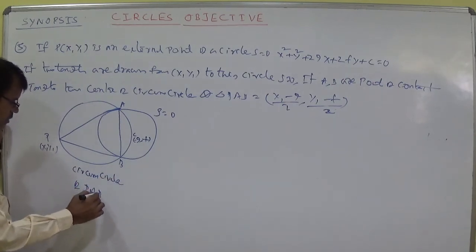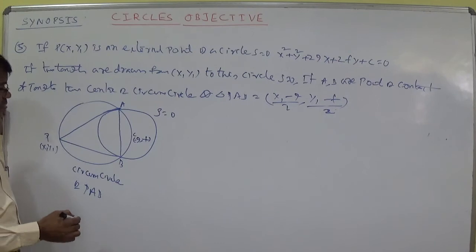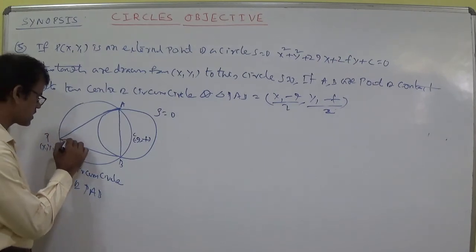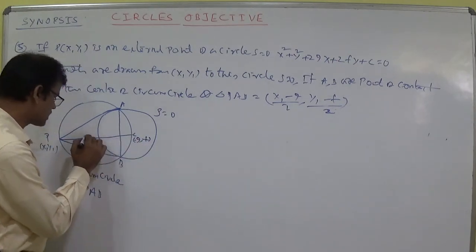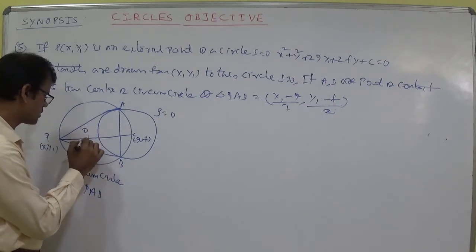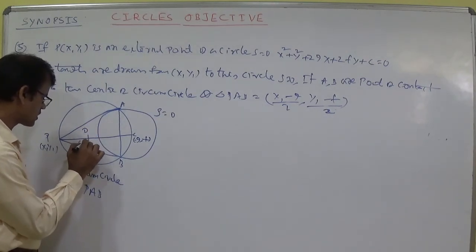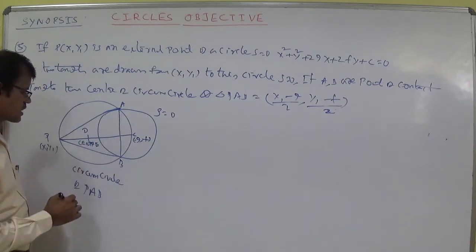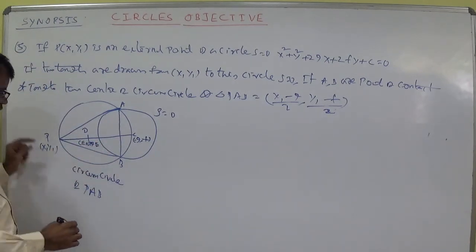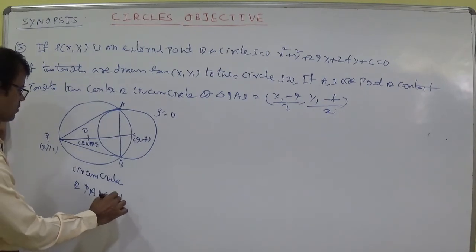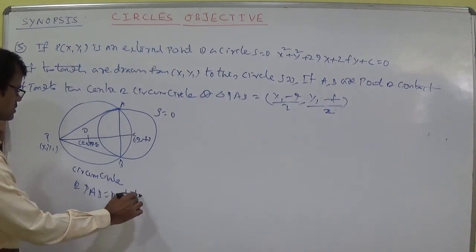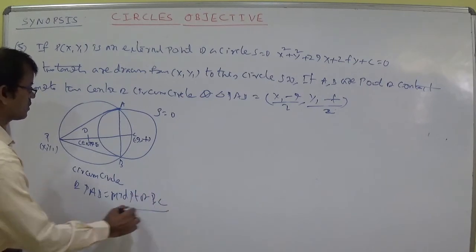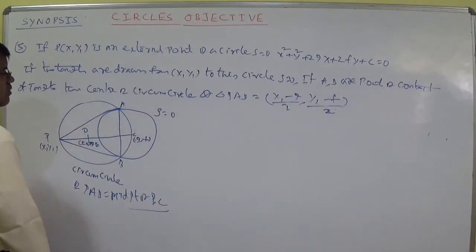For that circumcircle, put the center as D, the center of the circumcircle. The center of the circumcircle is the midpoint of P comma C. This is the concept here: (x1 minus g by 2, y1 minus f by 2).